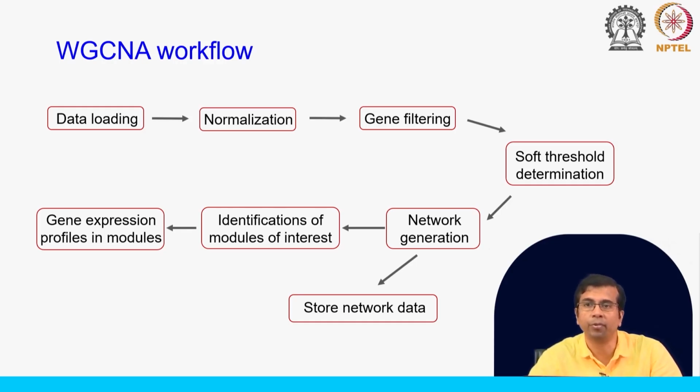Okay. By that definition, some of these genes could be the driver genes of cancer and maybe good targets for drugs. Once we identify these modules, we would also look into the gene expression profiles in the modules, and we can visualize some of these profiles and see how the gene expression is changing.